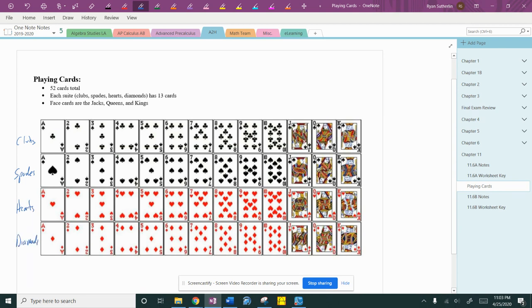And there are 13 of each of these. 4 groups of 13 give you a total of 52. These cards are what are called the face cards, the ones you see a face on, the jacks, kings, and queens. So when problems refer to these, these are the different things that they're referring to. So I have this link on the assignment sheet so you can go back to it when you need to as you're doing these problems.